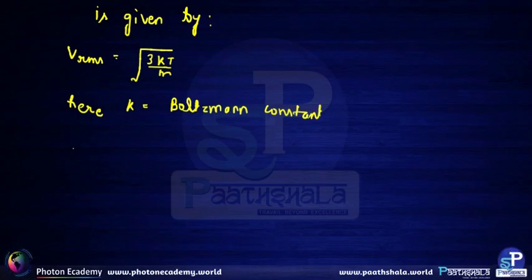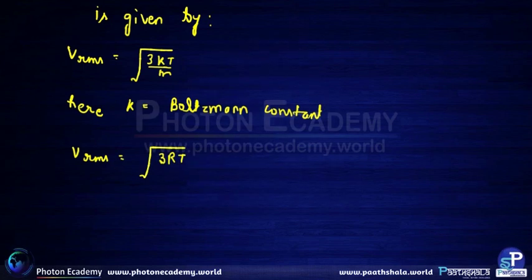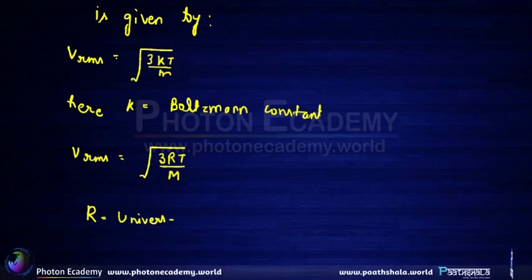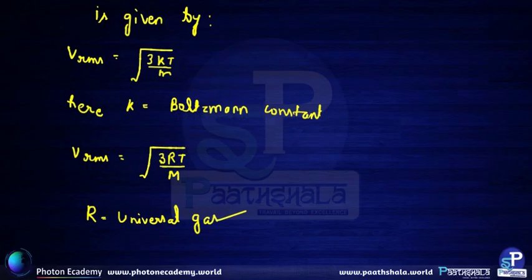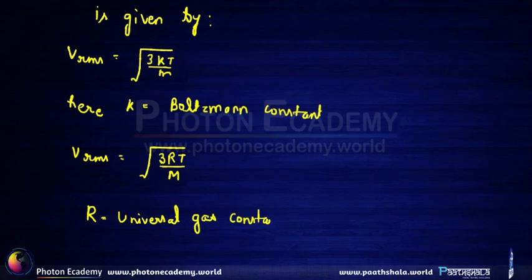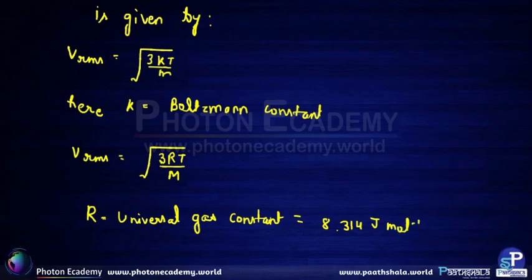Also, we can write VRMS equal to root of 3RT by capital M. Here R is the universal gas constant, and its value is equal to 8.314 joule per mole per Kelvin.